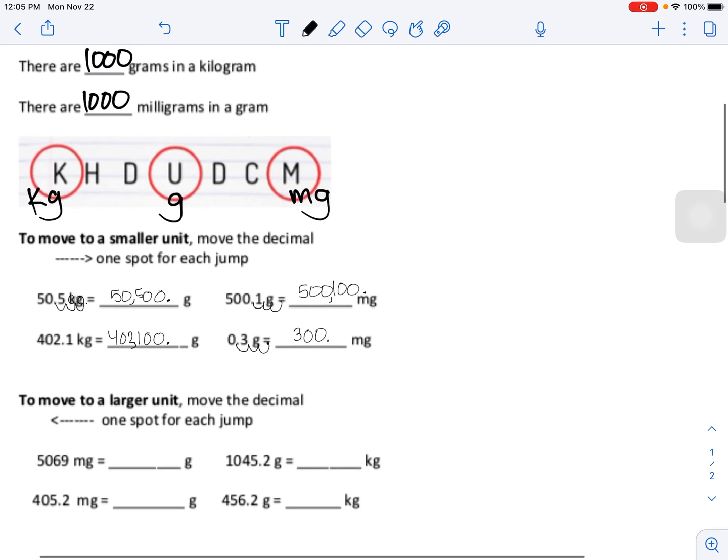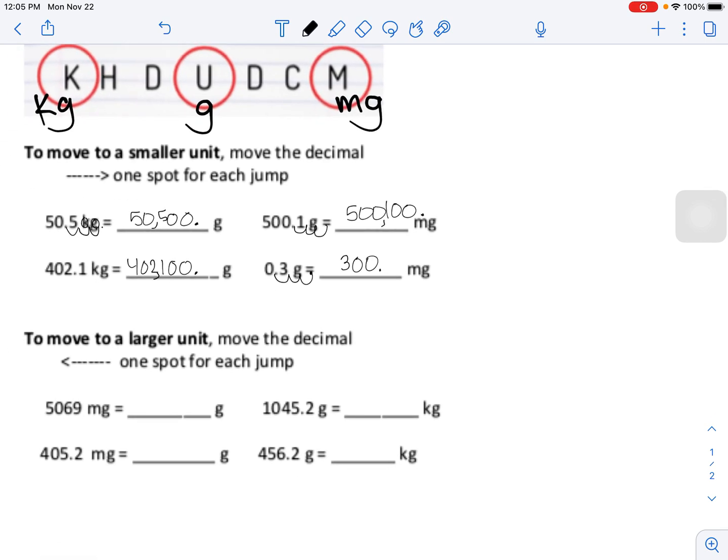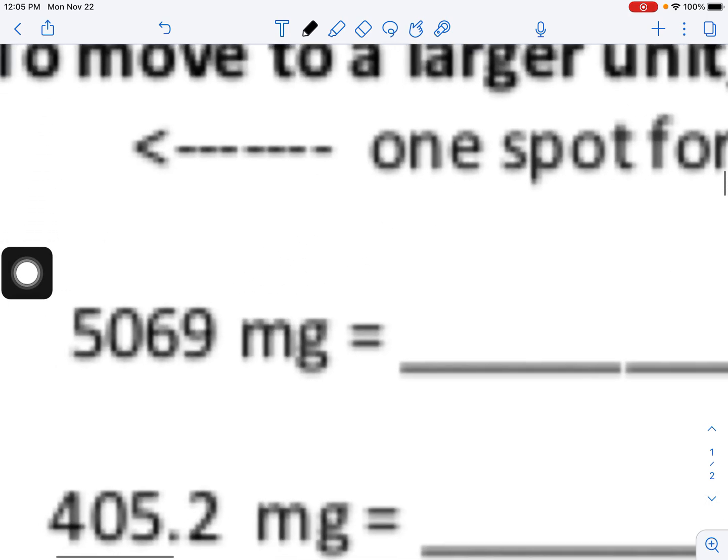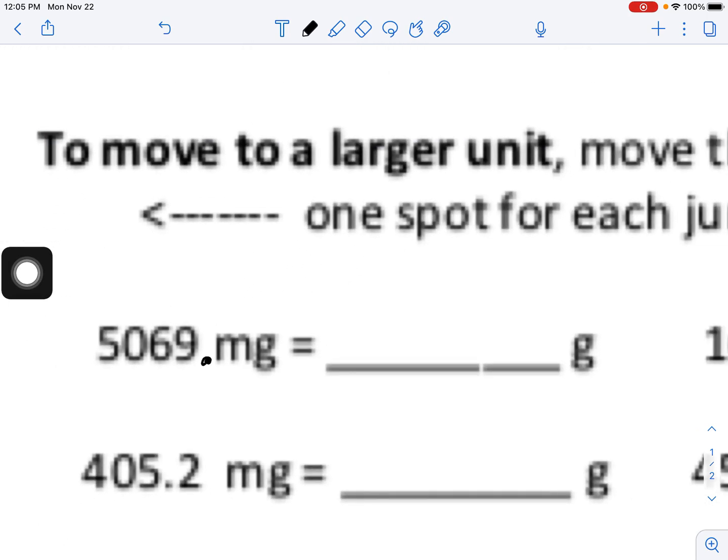Now to move to a larger unit, I have to move the decimal point to the left, one spot for each jump. So these first two examples are milligrams to grams. Milligrams to grams is 1, 2, 3. And a whole number, the decimal point's at the end, and I go 1, 2, 3.